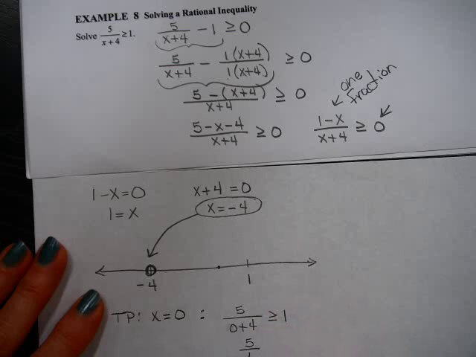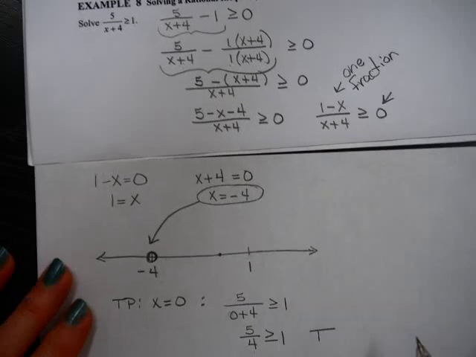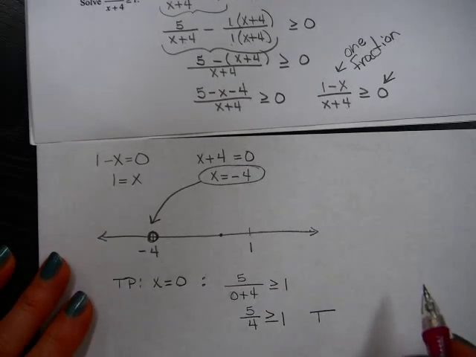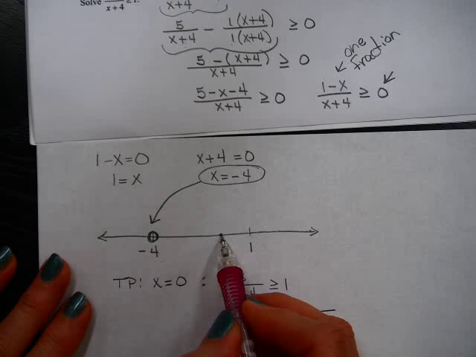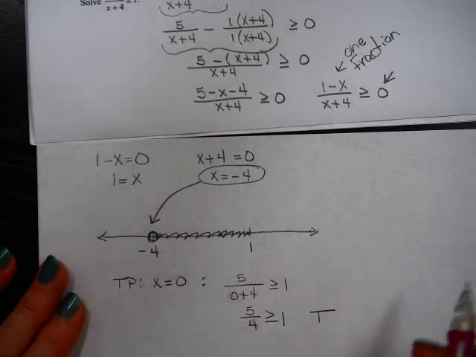That says 5/4 is bigger than or equal to 1. This is a true statement. 5/4 is bigger than 1. 0 is my test point. It is between these two. I'm shading between these two numbers.